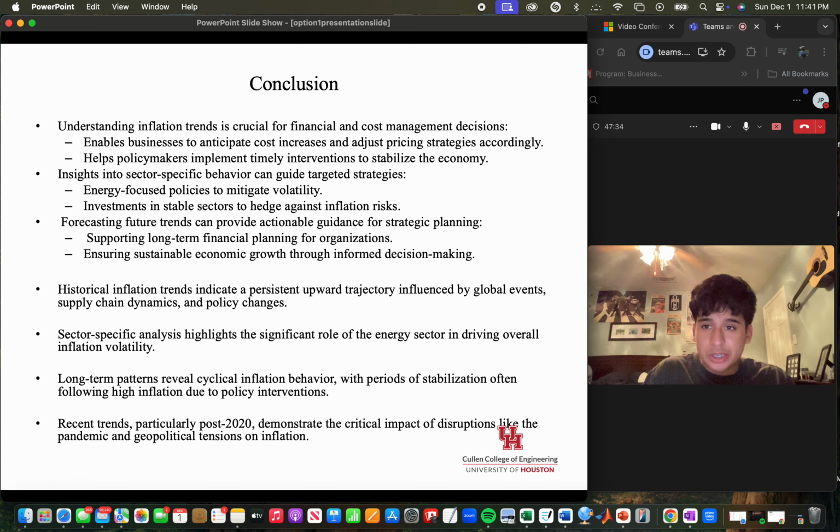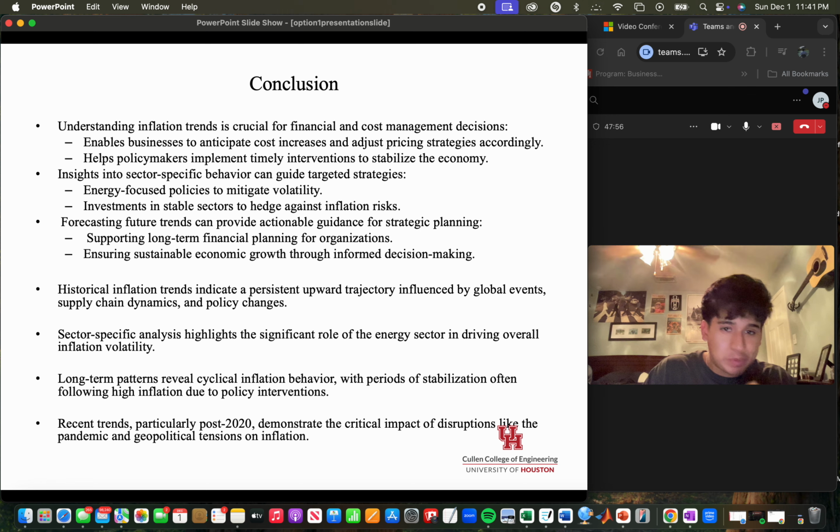It's important to understand inflation trends because it's crucial for financial and cost management decisions. It enables businesses to anticipate cost increases and adjust price strategies accordingly. It helps policymakers implement timely interventions to stabilize the economy. Forecasting is so important.